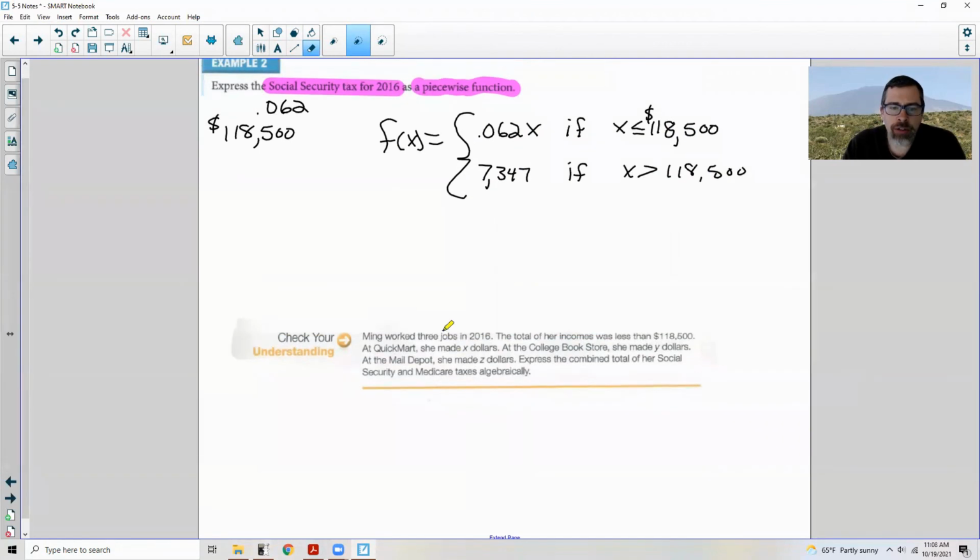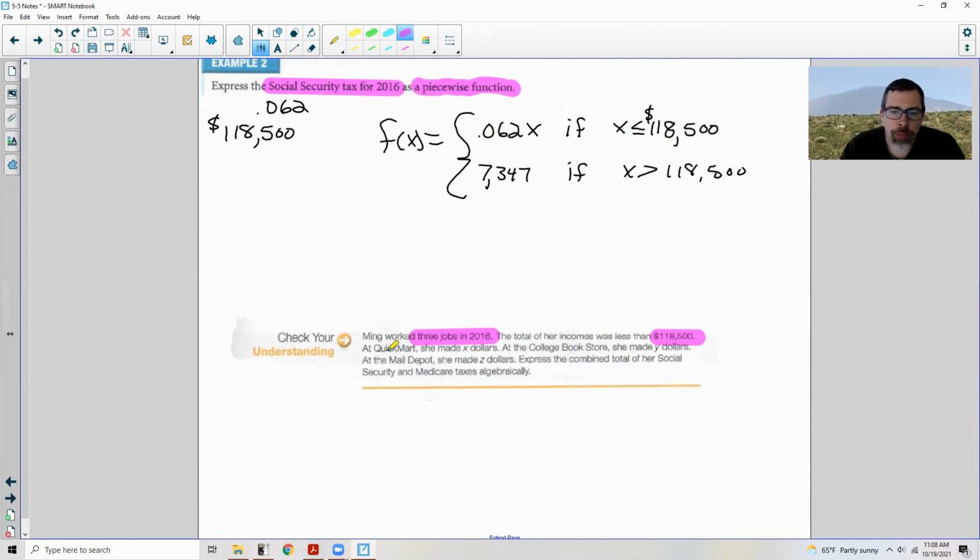So now check your understanding says Ming works, let me switch to my highlighter, 3 jobs in 2016. The total of her income was less than $118,500. So her income is going to be however much she made, and since it's less than 118,500, we're going to multiply it by that 0.062.